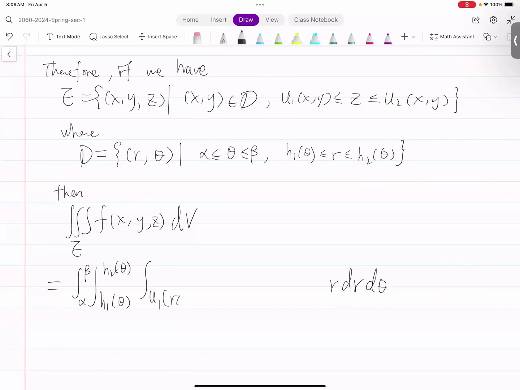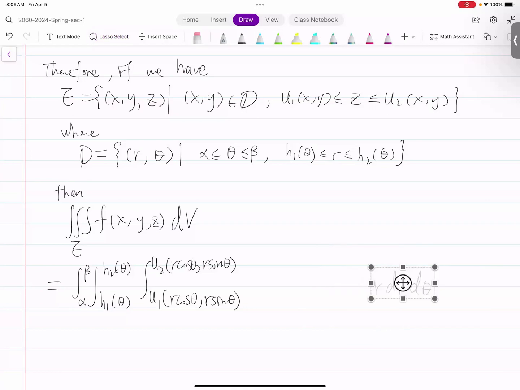So this is r cosine theta, replacing x, and r sine theta, replacing y. For the upper bound, it's the same: r cosine theta, r sine theta, that we need to substitute. And then we put down the z, the most inner part.